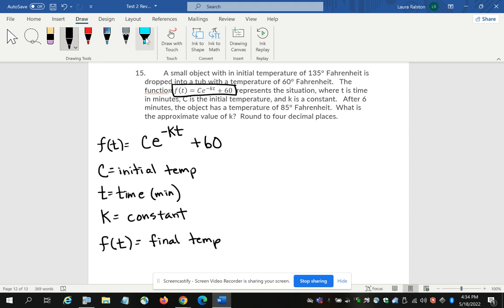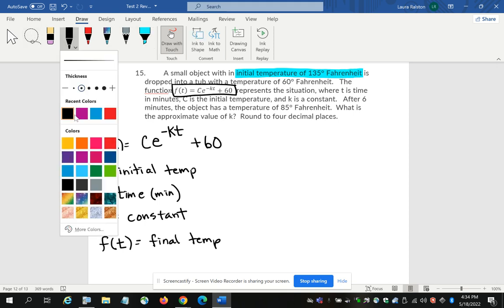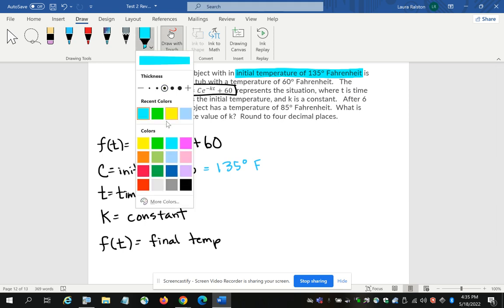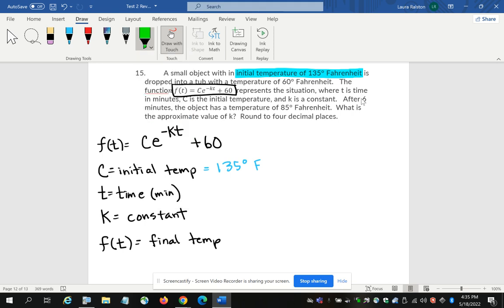Okay, so here again, if we go back and read slowly, it says an initial temperature of 135 degrees Fahrenheit. So my initial temperature for this object is 135 degrees. And the tub has a temperature of 60 degrees Fahrenheit. Then it gives us the formula. Then it says after 6 minutes.